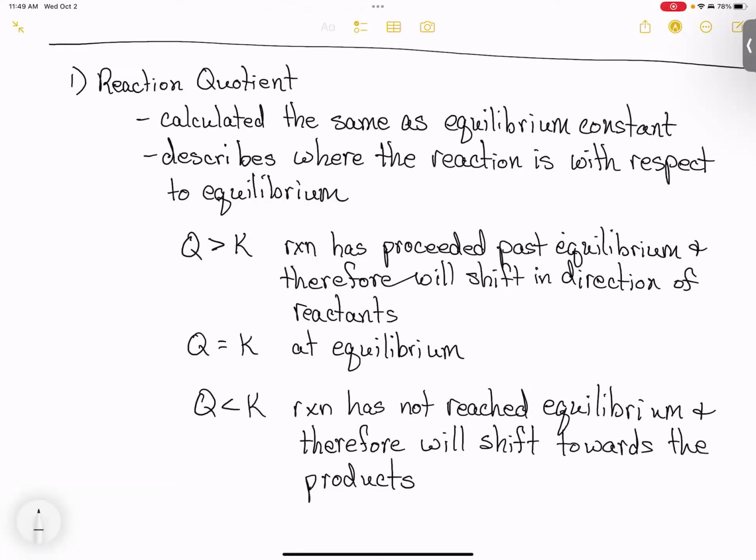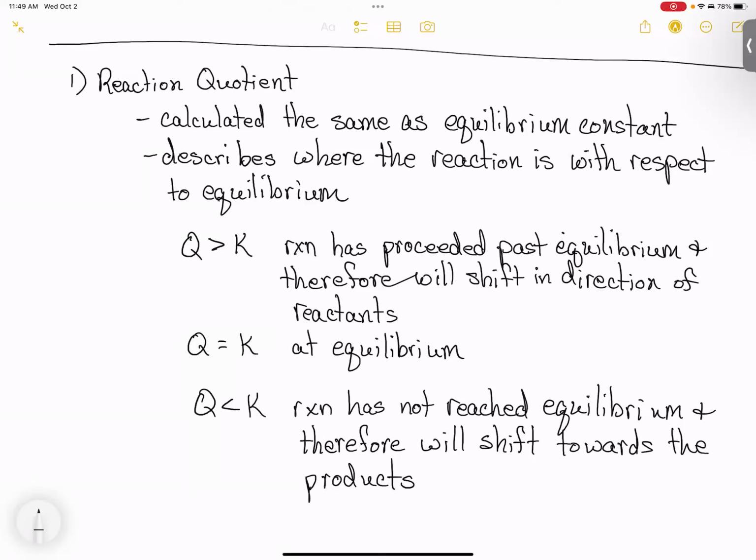After that, we will move on to calculating concentrations at equilibrium, which will frequently require the quadratic equation. And if you don't have the quadratic equation programmed into your calculator, we can talk about how to do that.